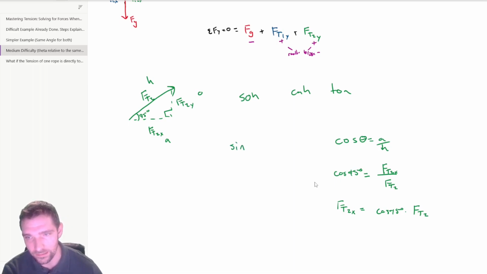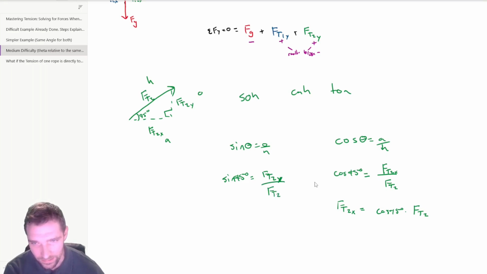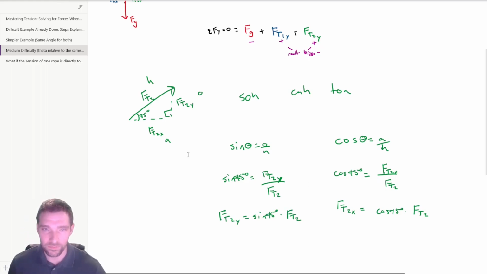So we've got our sine theta, opposite over hypotenuse, sine 45 degrees. And now our opposite is ft2y over the ft2. So we can then rearrange that and say that ft2y is equal to sine of 45 degrees times ft2. So we've done that for the green.